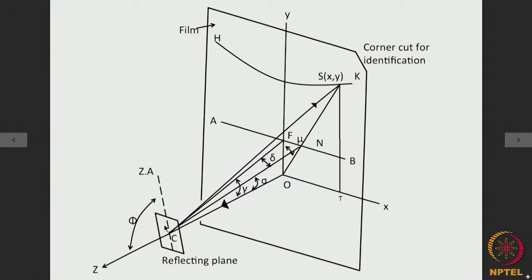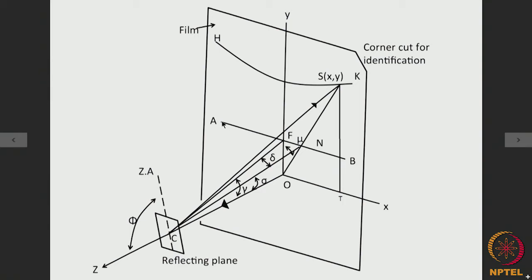So, from all those planes in the zone, the diffracted spots will fall on this particular hyperbola, and the normals to all those planes will fall on this particular line AB.